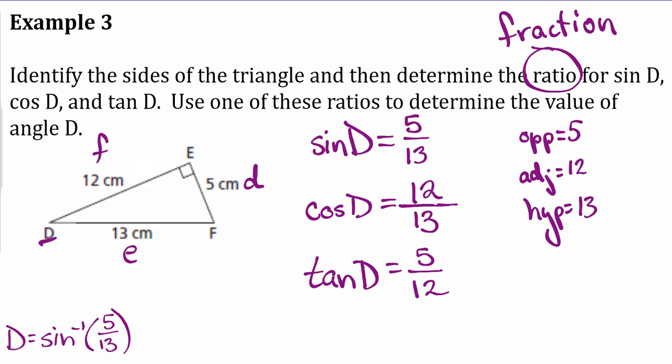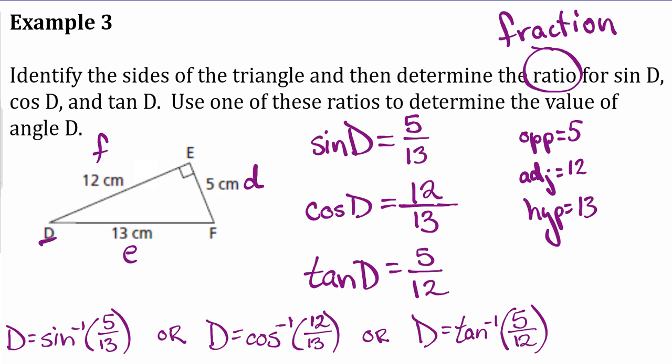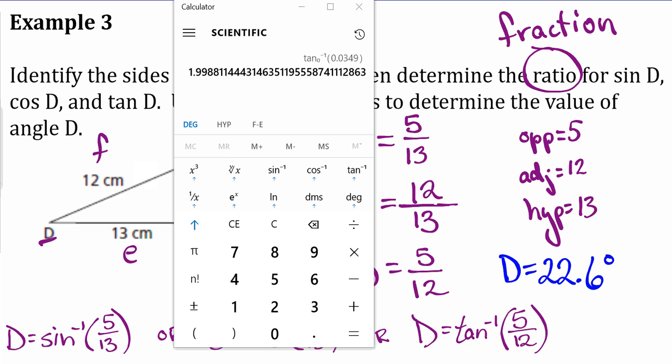So you can use the inverse sine function if you want, or you can use the inverse cos function if you want, or you can use the inverse tan function if you want. All that matters is that you use the right value for the ratio for those. Any one of those should be giving you the same answer. So you should be getting 22.6 degrees.